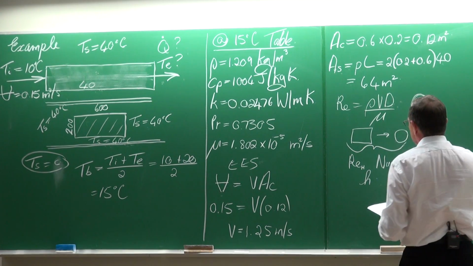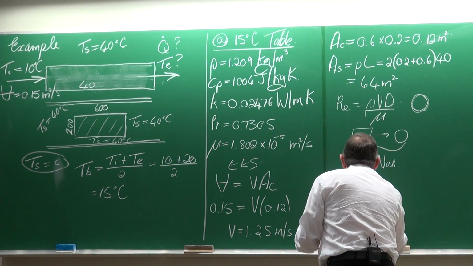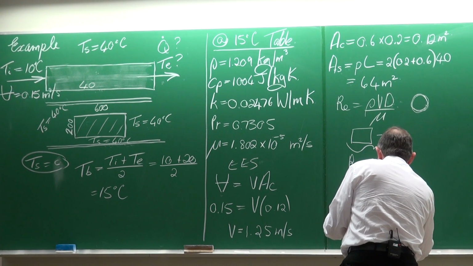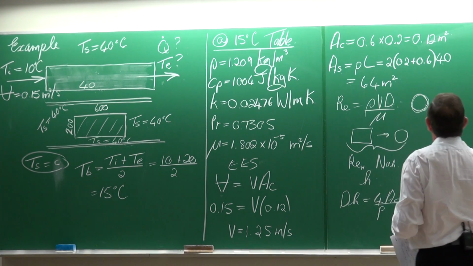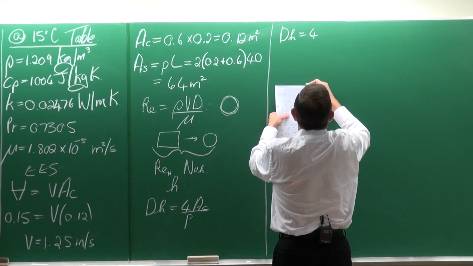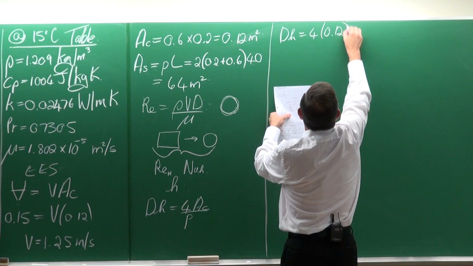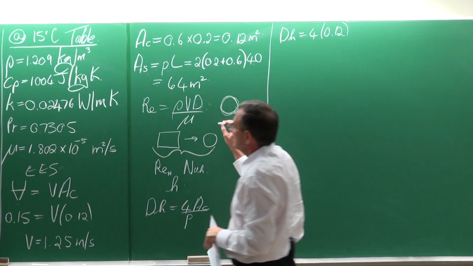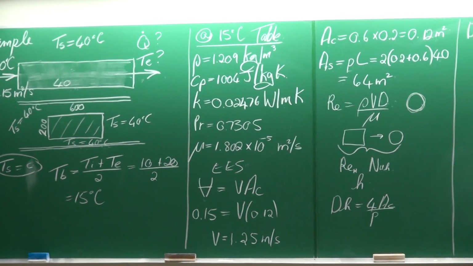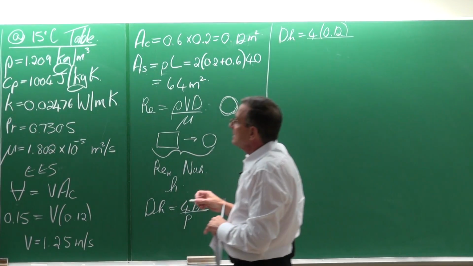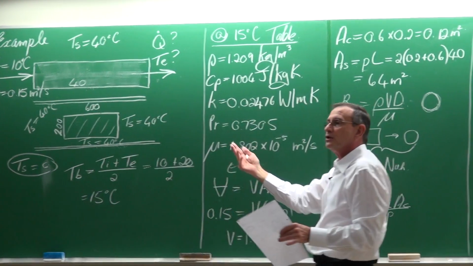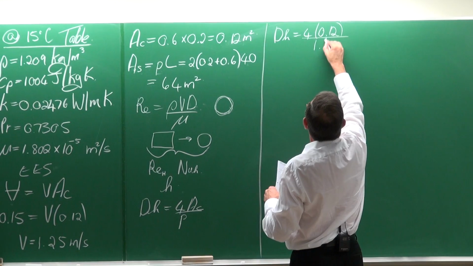So the hydraulic diameter is equal to 4 times the cross-sectional area divided by the perimeter. The cross-sectional area through which the flow flows is equal to this total area, and that is equal to 0.12 square meters divided by the perimeter, which is 200 plus 600 is 800 millimeters multiplied by 2 is 1.6 meters.